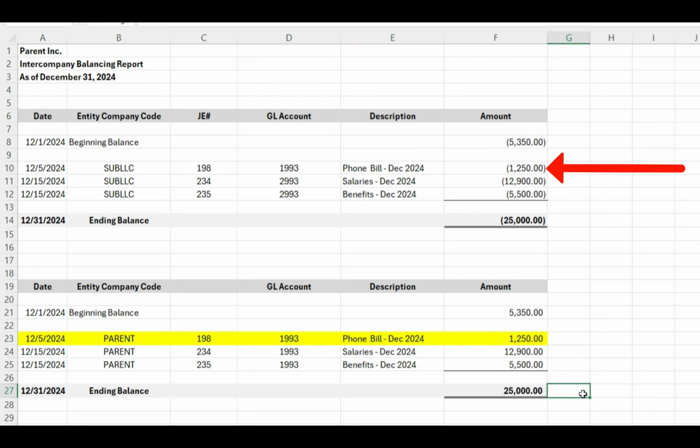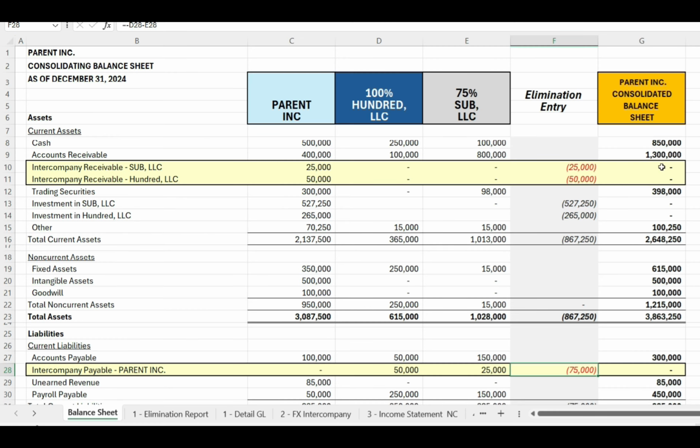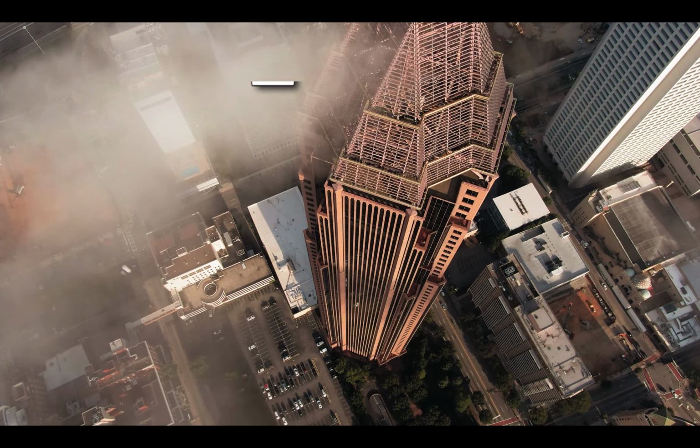So we've got to look and see why that journal entry is hung up. Make sure that journal entry gets posted. Once it is posted, our intercompany receivable and our intercompany payable between the parent and the subsidiary are going to agree. And when we consolidate the entities together, the intercompany receivable and payable will eliminate to 0.